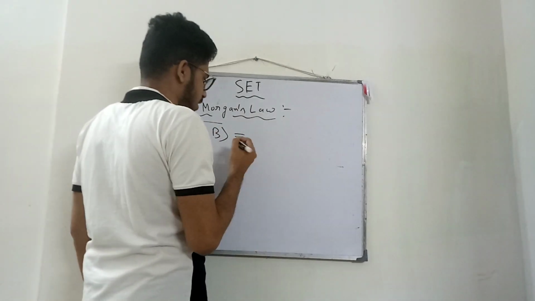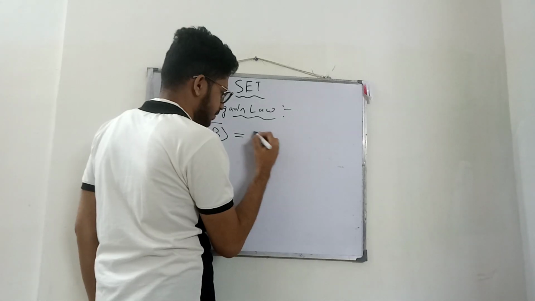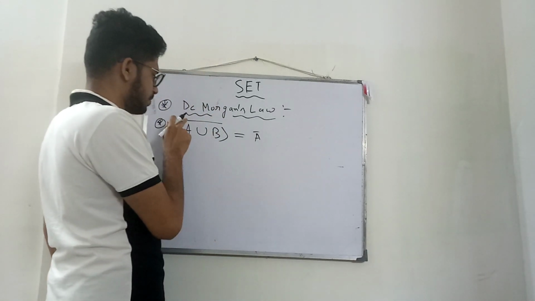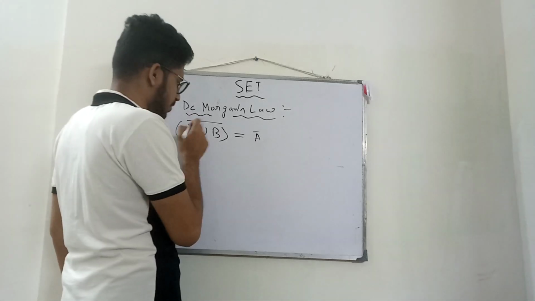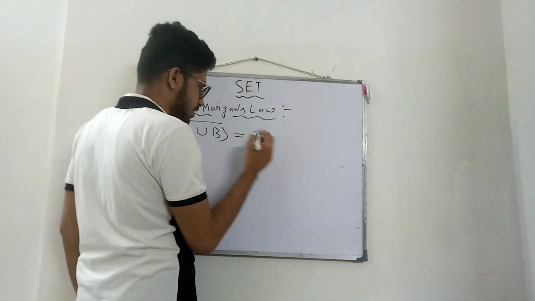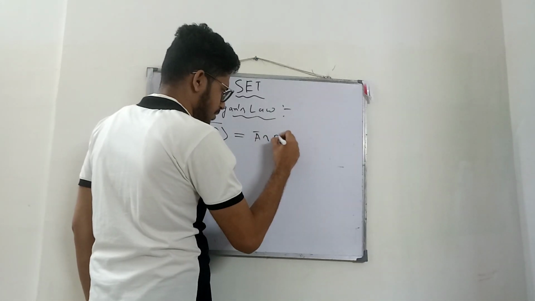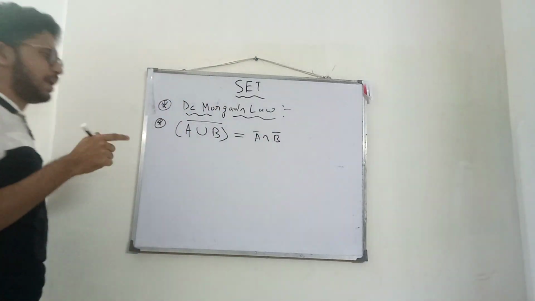Suppose this is A, we can write it as A bar. Then this bar means its whole bar. A bar, and the union sign will change into this, intersection, and B bar. What is the meaning of A bar and B bar?